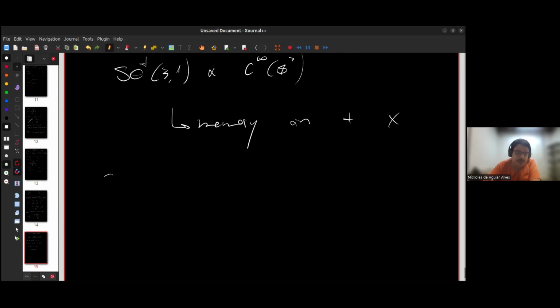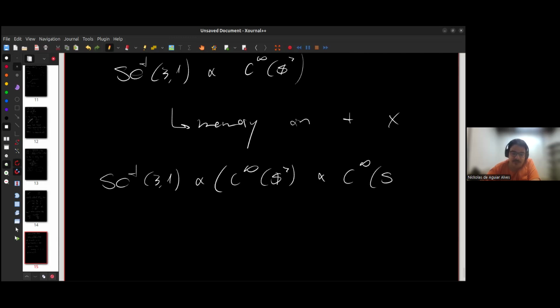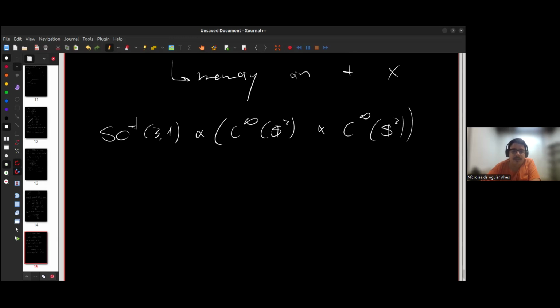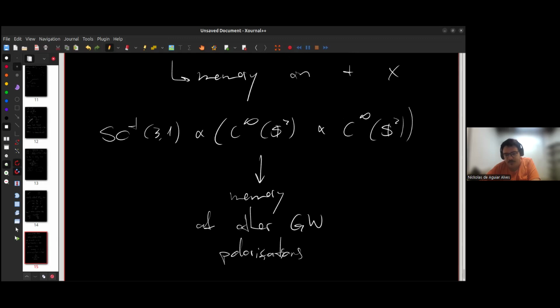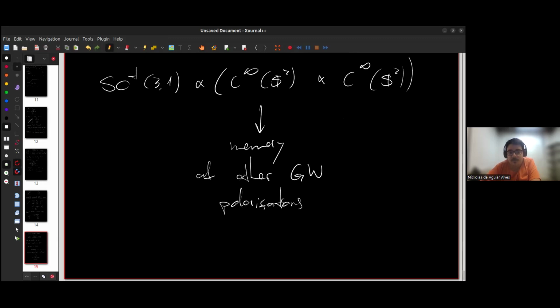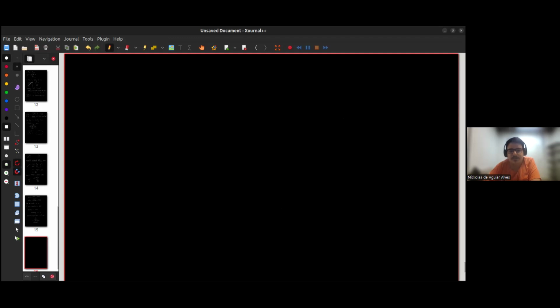So our guess for now, which is what we're looking at and investigating right now, is that since we have here this extra factor, which behaves just like dilations would, this could signal that by looking at symmetries at infinity, we're getting memory at other GW polarizations. So for instance, in GR, there are no other gravitational wave polarizations, but we never told the calculations that we wanted to consider GR. We're trying to go for something more general.